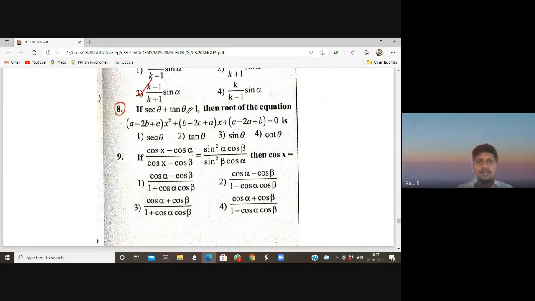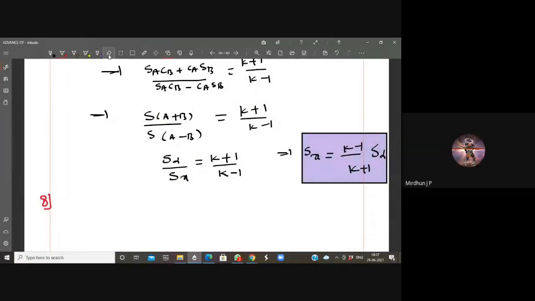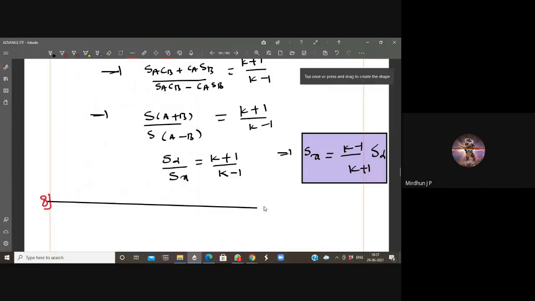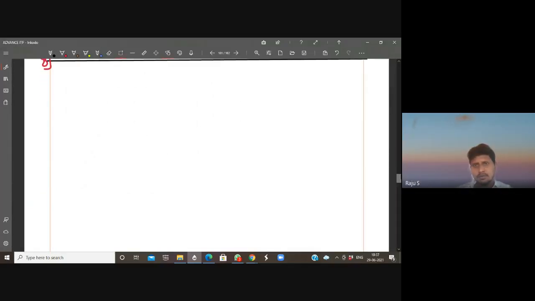Eighth question, right. Okay, then what is the condition they have given? Secant theta plus tan theta is equal to 1.